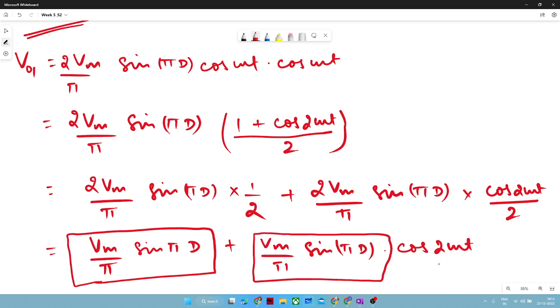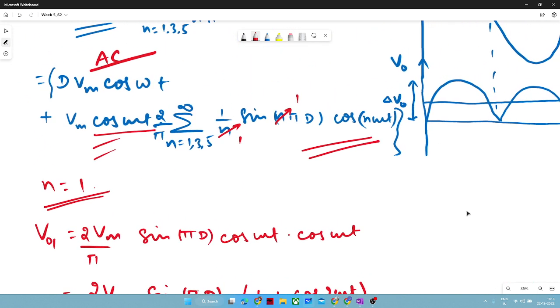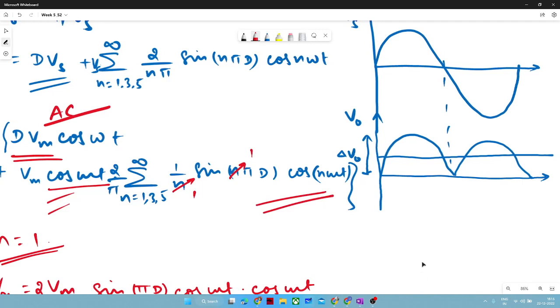So these are the problems I wanted to share. Just taking one term, n equal to 1, I am facing this kind of ripple problem. And in the later terms, if I put n equal to 3, 5, you would not get any DC component at all. And again, the component dVm cos omega t is already there. So the ripple components are way higher than your average components. That is the issue with this kind of output voltage waveform, right?